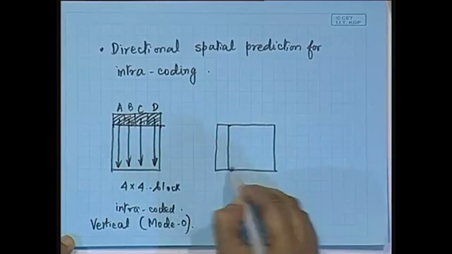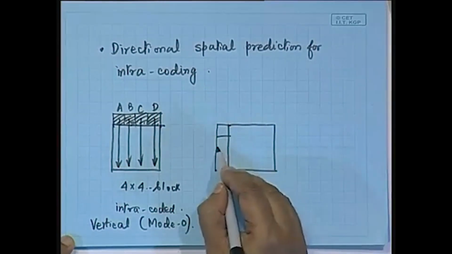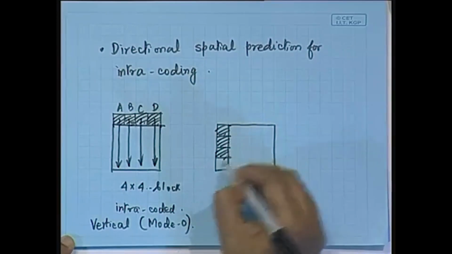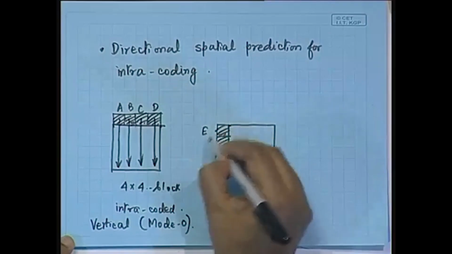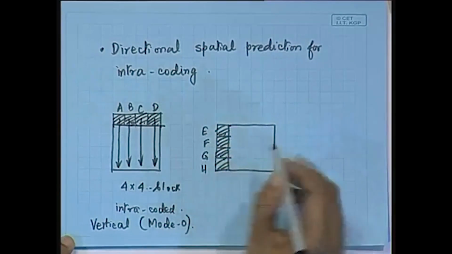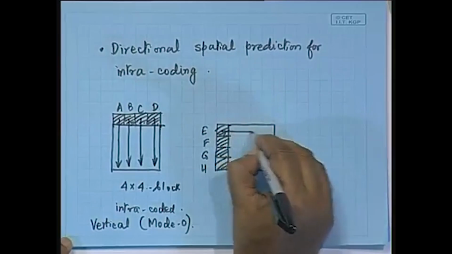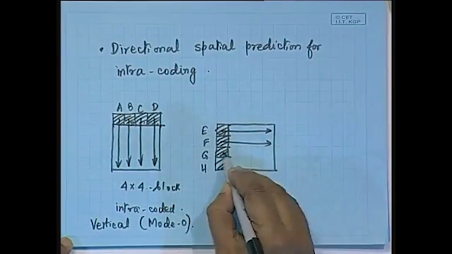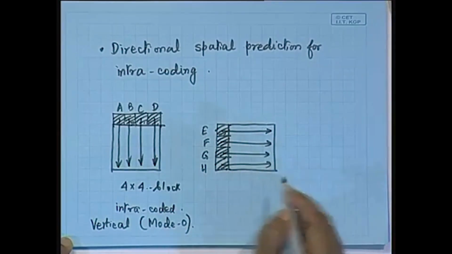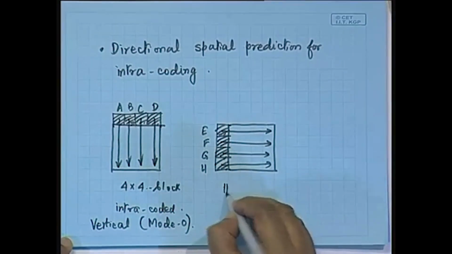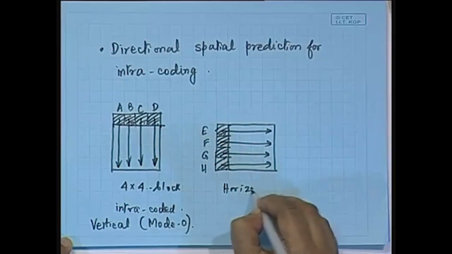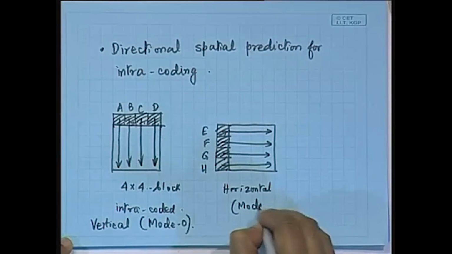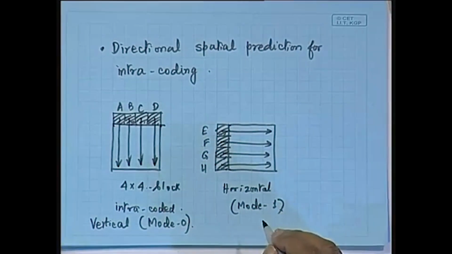Let us take 4 pixels on the side, the pixels E, F, G and H, and we use the value of E in all these 4 pixels, F in all these 4, G in all these 4, H in all these 4. In this case it is a horizontal prediction, and this will be referred to as mode 1 prediction.